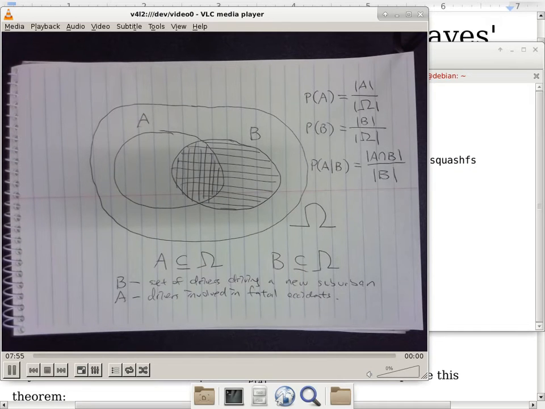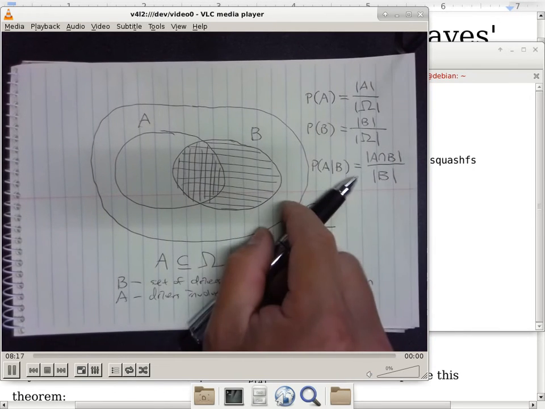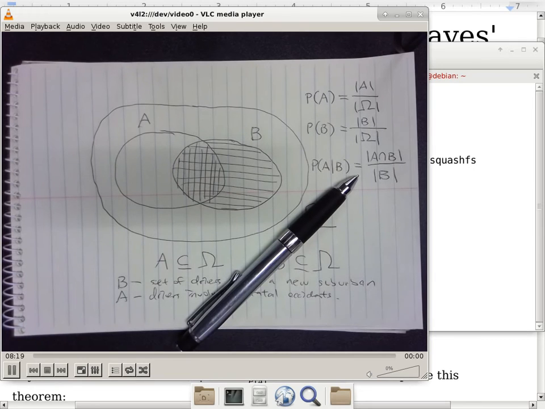Okay, so when you look at the intersection of A and B, it means people who meet both criteria, people who regularly drive a new Suburban, and also people who get involved in fatal accidents. That's the intersection. But when you look at the ratio, when you look at this part here, it is basically asking, out of all the people who drive a new Suburban, what are the chances that one of these drivers would get involved in a fatal accident?